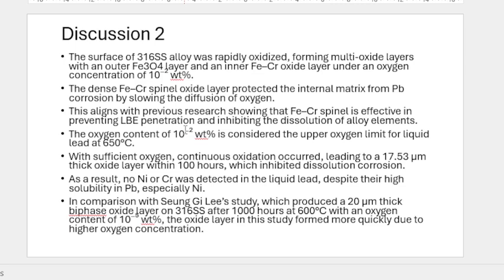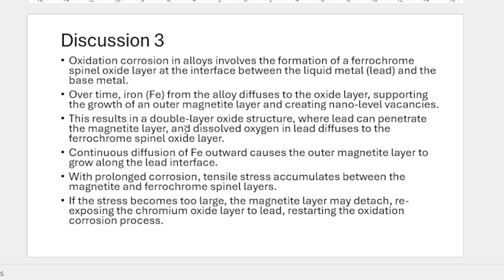In comparison with Seung-Gi Lee's study, which produced a 20 micrometer thick oxide layer after 1000 hours at 600 degrees C with an oxygen of 10 to minus 5 weight%. The oxide layer in this study formed more quickly due to higher oxygen concentration.